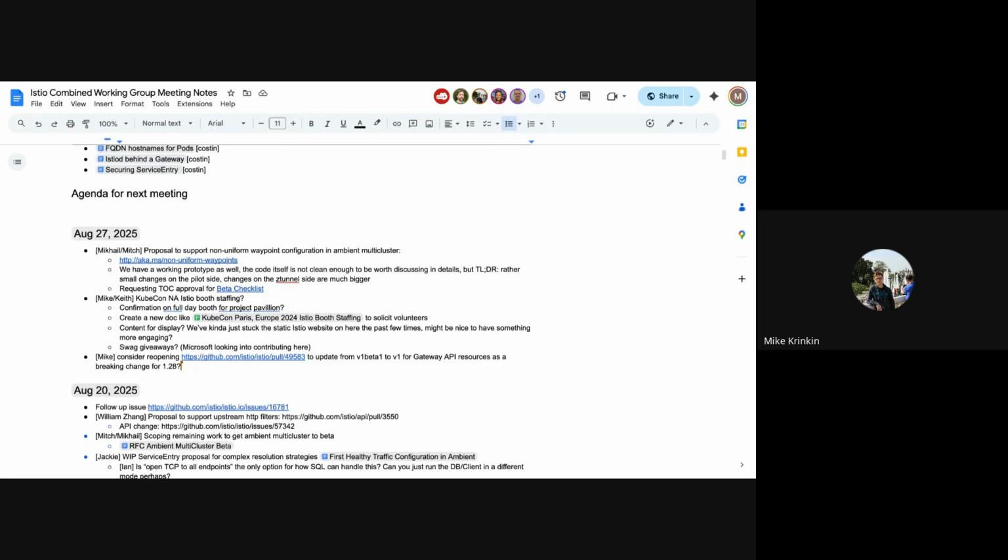I have a working prototype with all the changes, but given that the changes on the ztunnel side in particular are relatively large, and given that there is a caveat with cross-cluster load balancing, which is not new, the same caveat exists in the alpha version, I thought it makes sense to put it in the proposal.